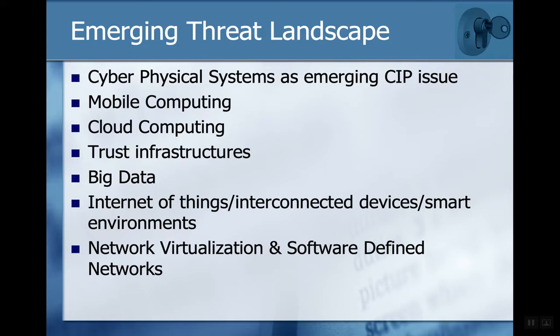Cloud computing, from a definitional perspective, is a form of computing where we're accessing resources of different types, so compute resources and storage resources, across the internet.